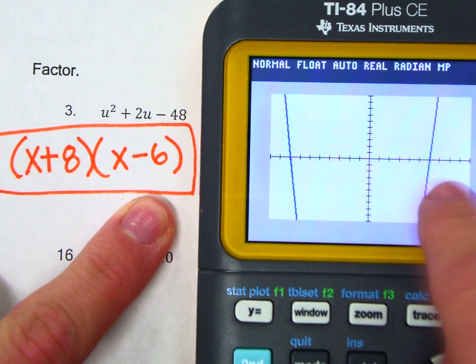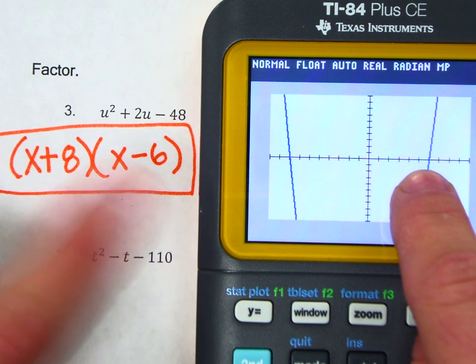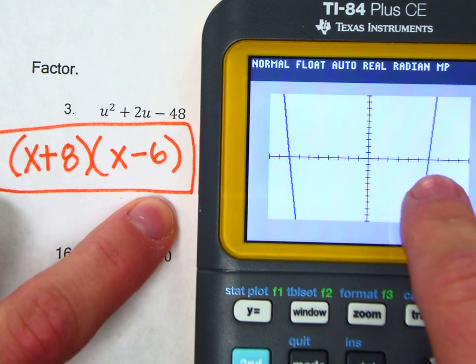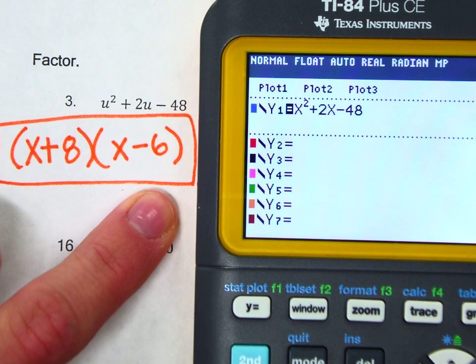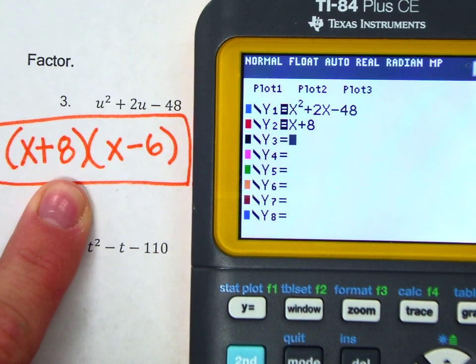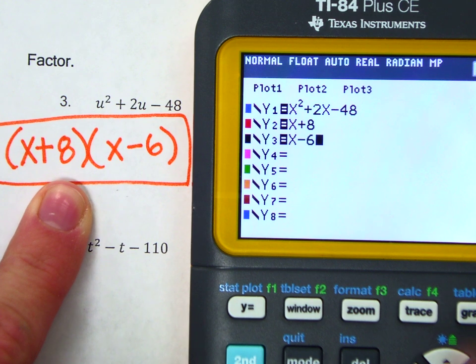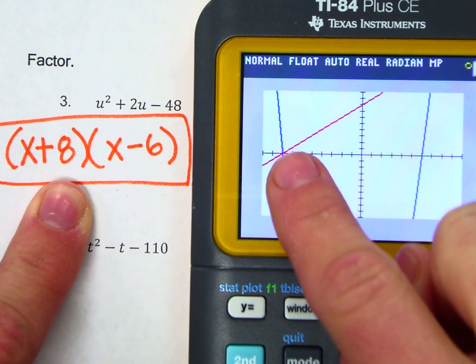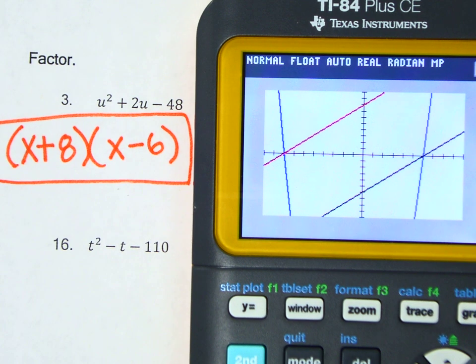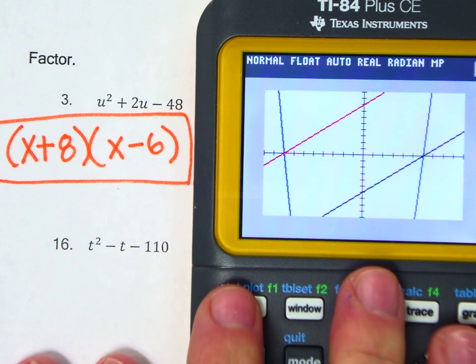So the only difference here is that your signs are different. So you can also look at where it crosses the x-axis. And another thing you can do is if you graph your factors individually, they will cross at the intercepts. So it's a way that you can kind of check your answers.